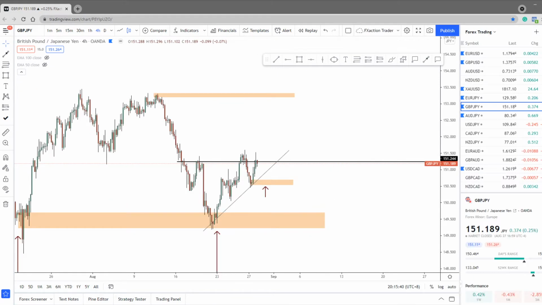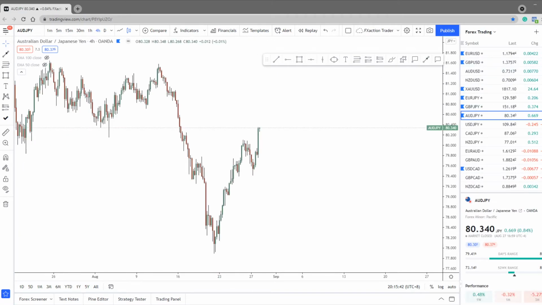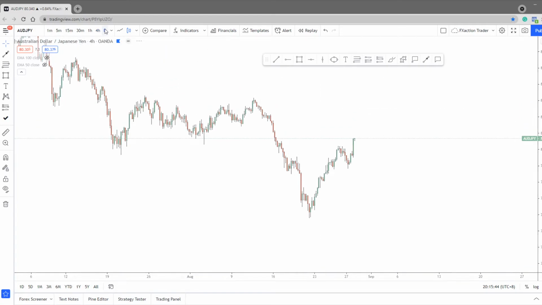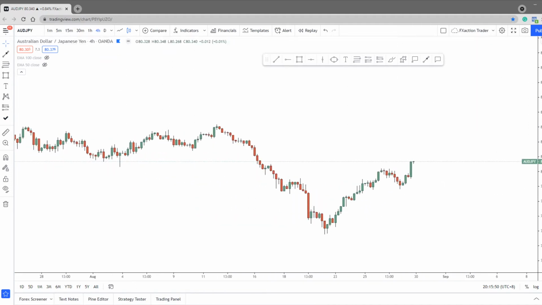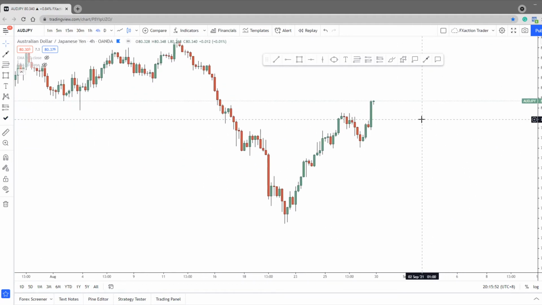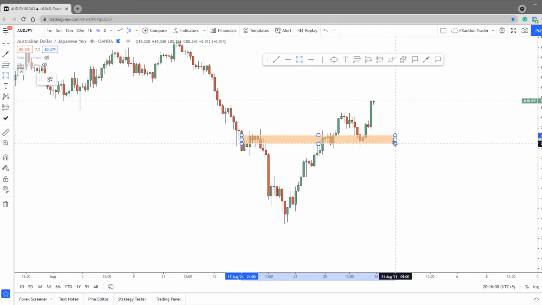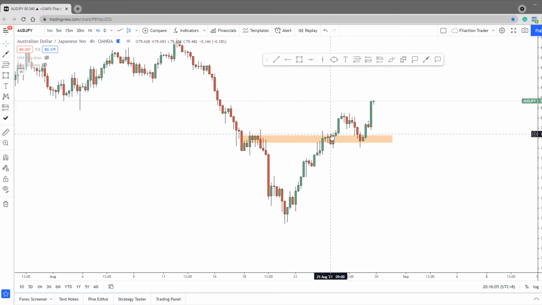As long as market did a pullback and did not break below this structure, we can scale in for a buy trade. So let us have a look on the Aussie Yen. If we are comparing all the yen pairs in terms of market structure, I would prefer more to trade with this Aussie Yen. First thing first, market was trying to retest this resistance level at 79.65, but market was not able to break lower, and market just broke above this level and did a nice pullback towards this level, and this resistance level has now become a new support level.